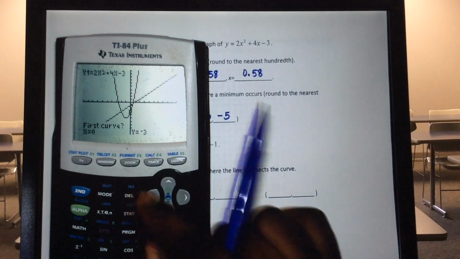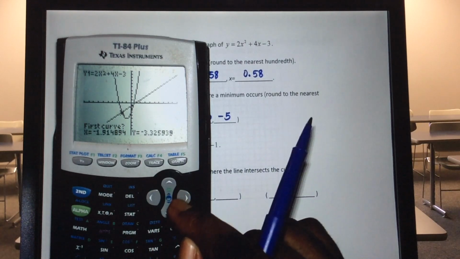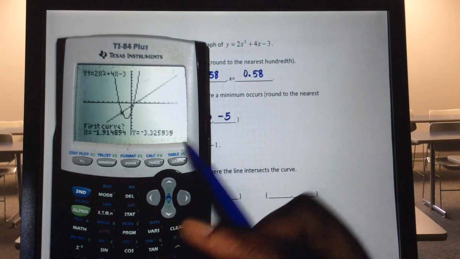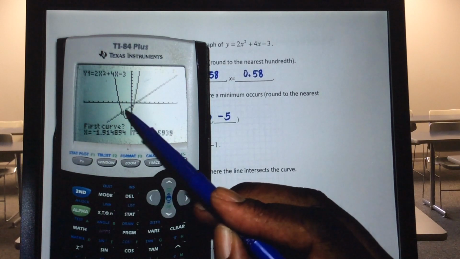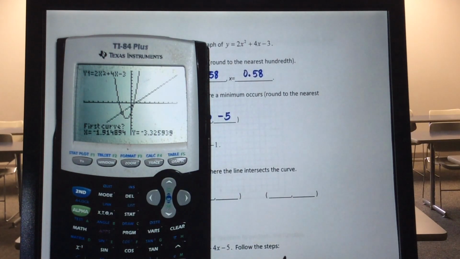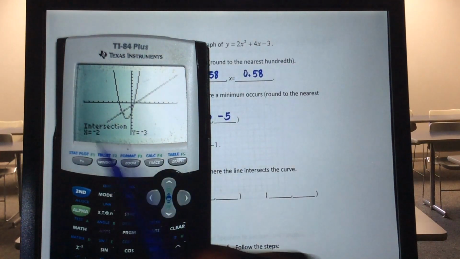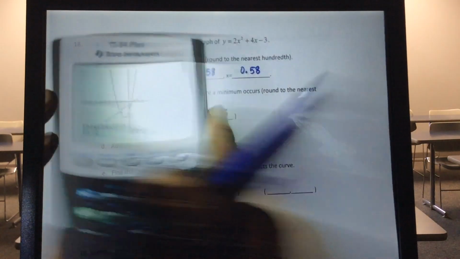Now, I'm going to use my left arrow key to position that cursor on top of that point of intersection as close as I can. Then I'm going to press enter 1, 2, 3 times. That will be my point of intersection right there, and it's the ordered pair -2, -3.